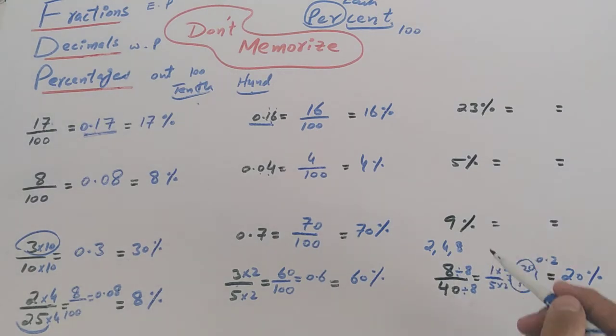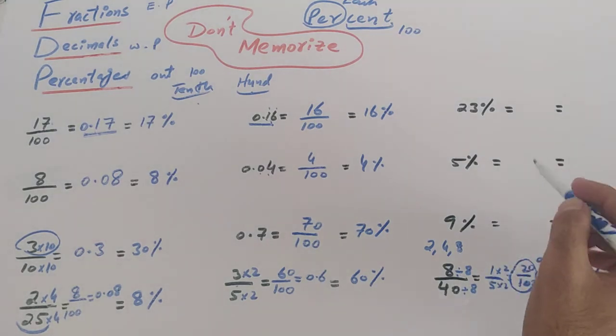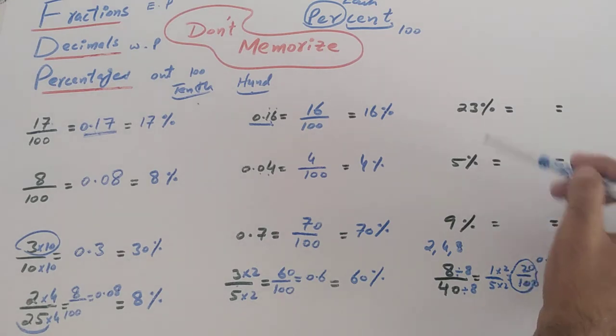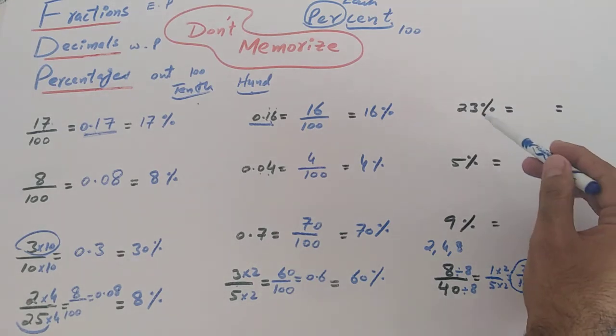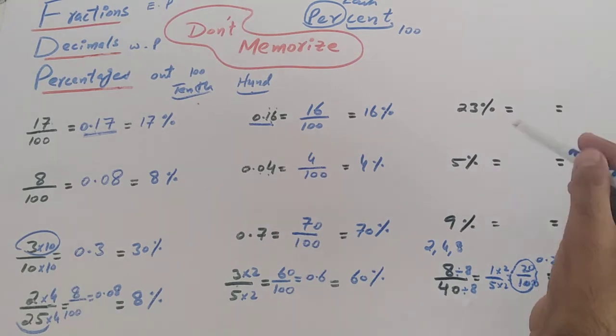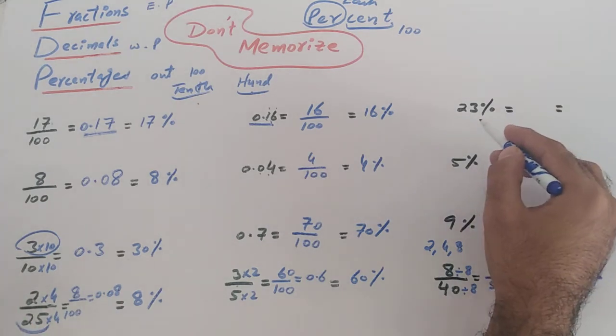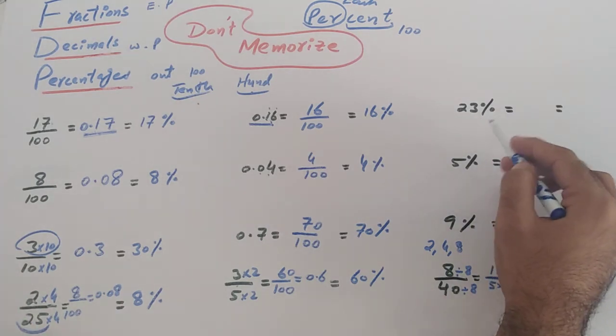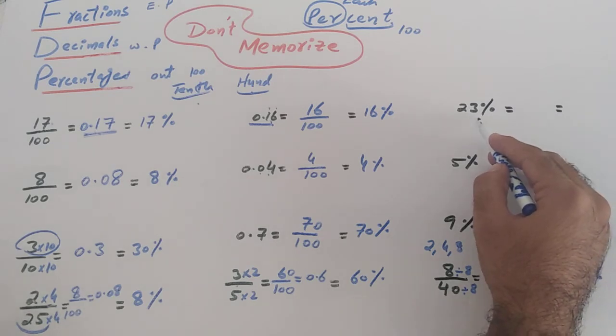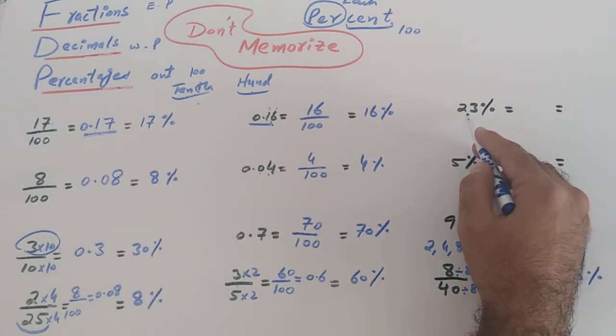It doesn't matter really. Okay, this time these are percentages, so we have to convert these percentages to decimals and fractions. First of all, it's easier to explain these things by getting the fractions first, so let's do that. It says 23%.